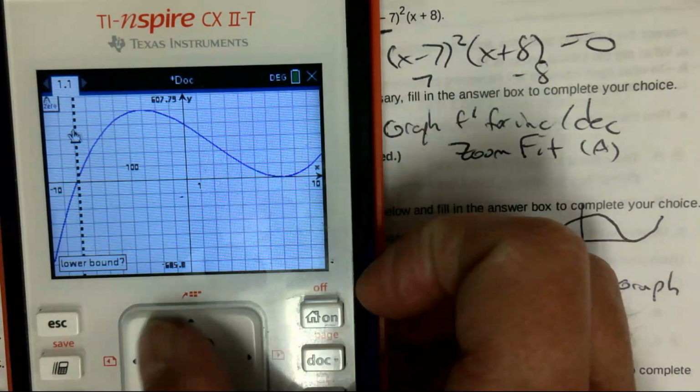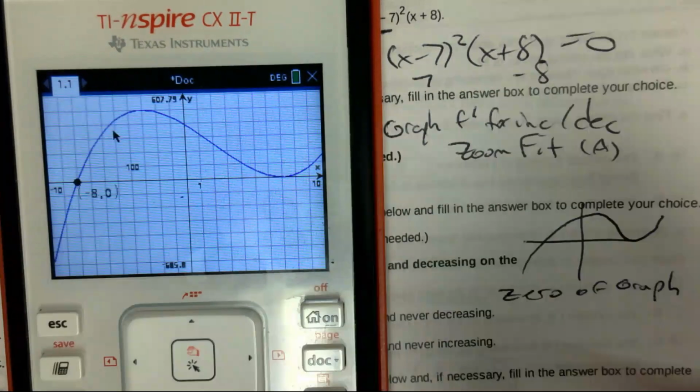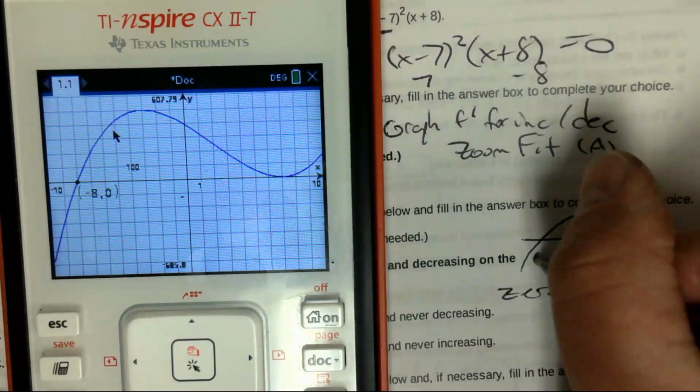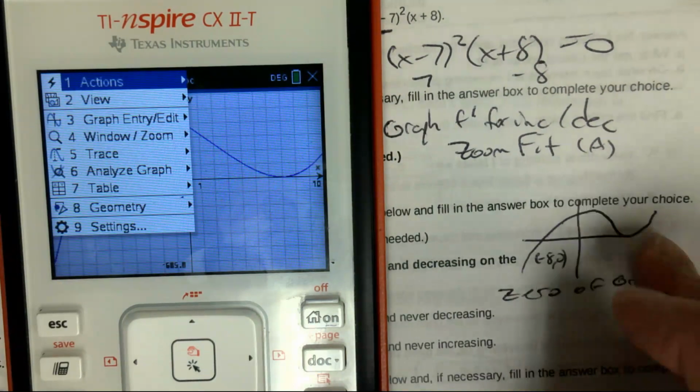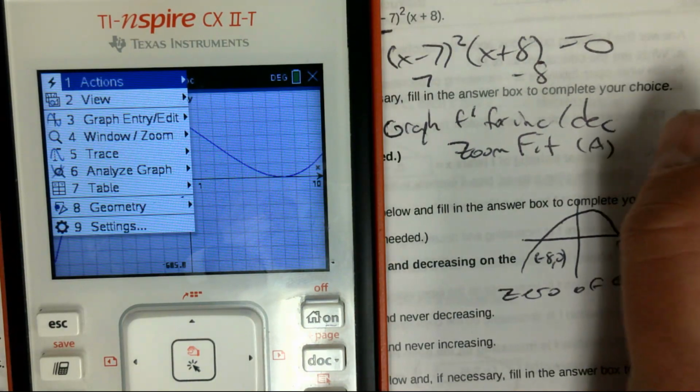And between here and here is negative 8, 0. And then this one would be 7, 0.